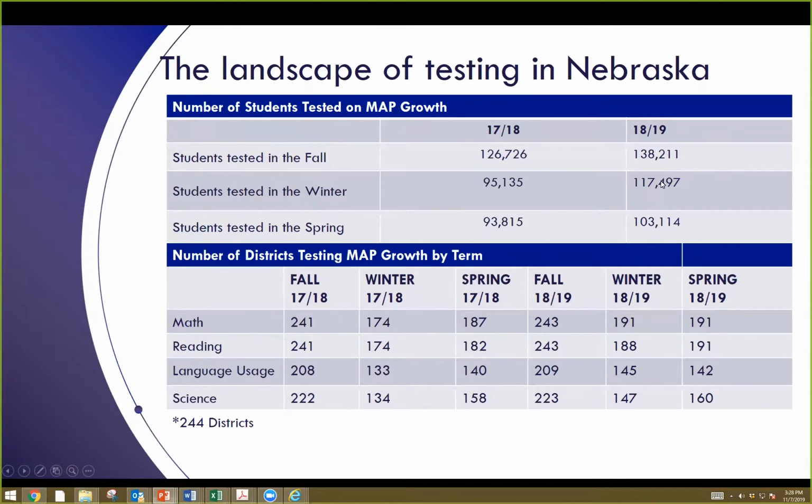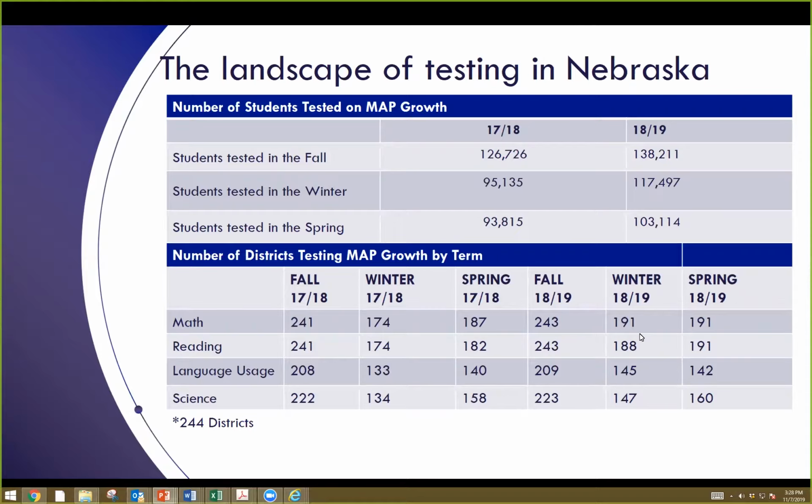In the winter, that number dropped to about 117,000 out of the 144,000. And then again in spring, it dropped to 103,000 out of the 144,000. We know that there are more districts that don't test in the spring because they also have to do NSCAS testing. So we can assume that that's one of the reasons why the number is lower in spring.